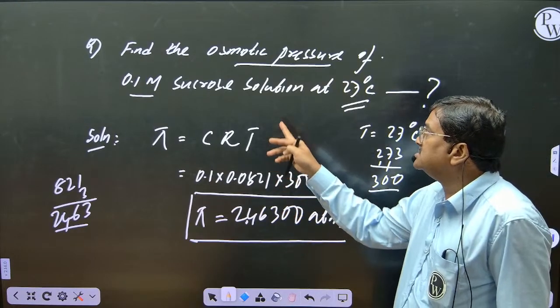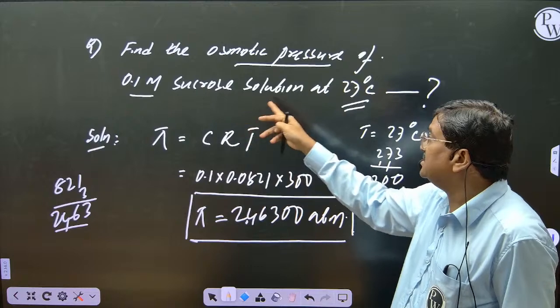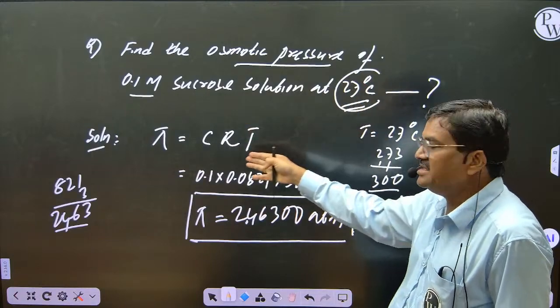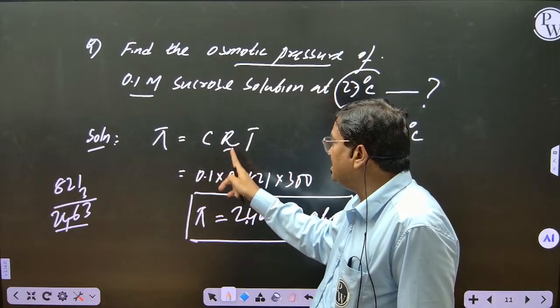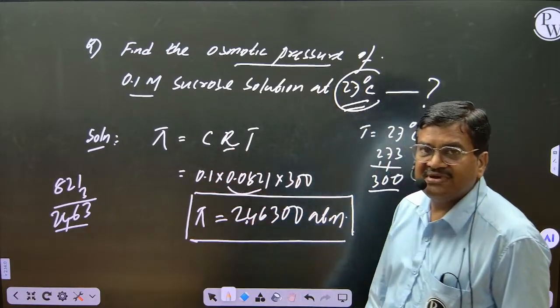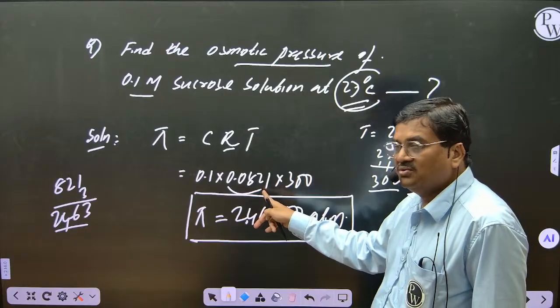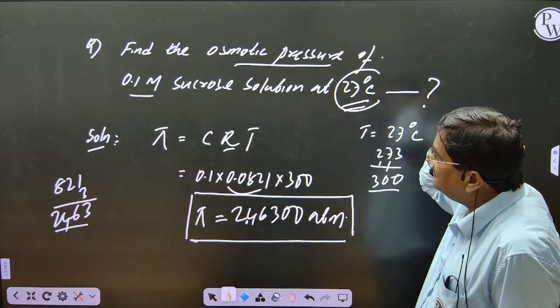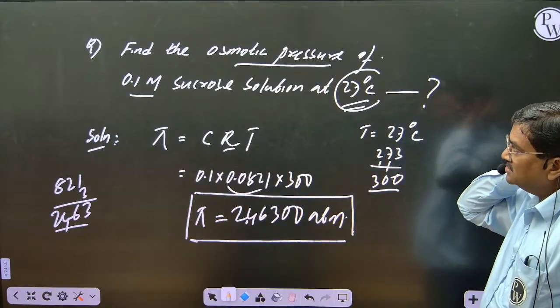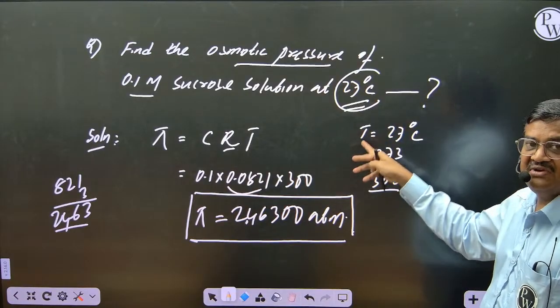So osmotic pressure, he has given concentration to you, temperature given. Direct relation, pi is equal to CRT, where C is the concentration, R is solution constant, its value is constant 0.0821, provided it is in atmosphere. So if the option is given in atmosphere, temperature you have to convert in Kelvin.